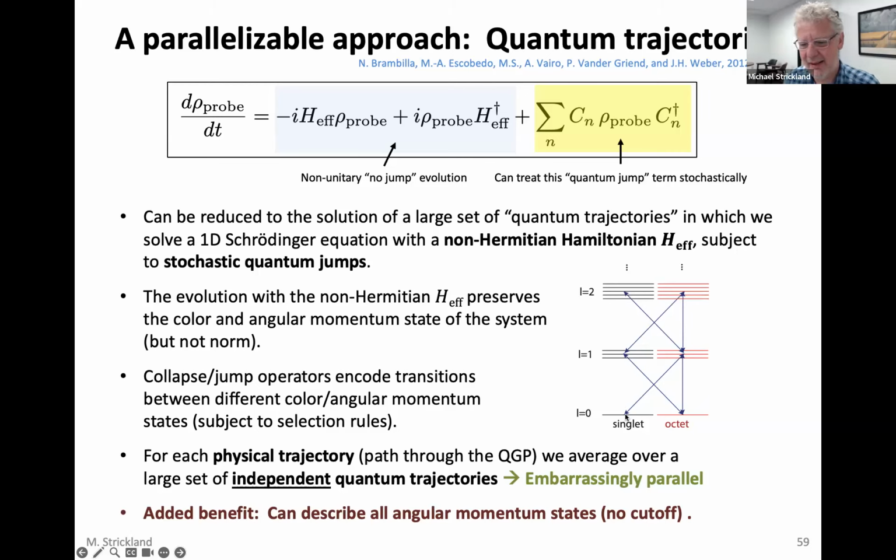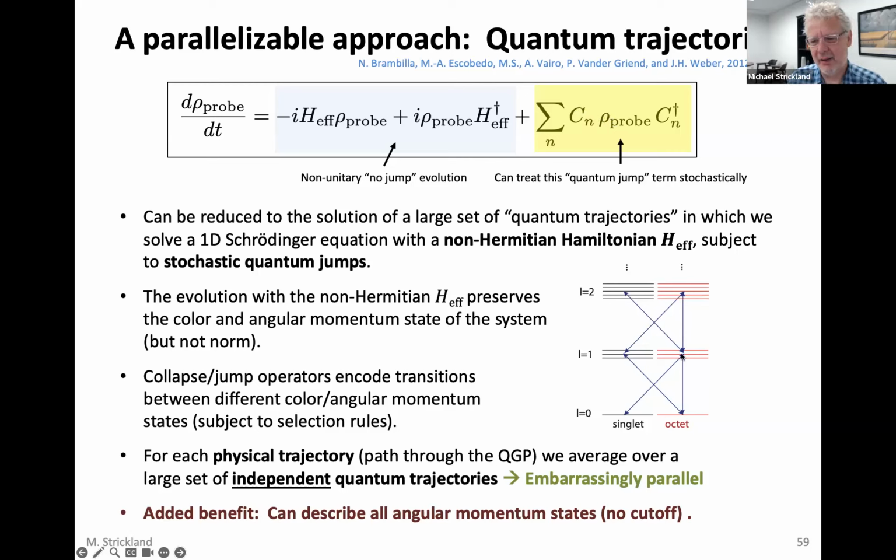Let's say in this case, I know which state I have to jump to. There's only one possibility. But in general, if you were somewhere in the middle, there might be multiple ways for you to jump. And so then you have a second random number or set of random numbers, which tells you which of these jump operators to trigger. Once you've triggered the right jump operator, again chosen randomly, like in Monte Carlo evolution, I merge into my new state.